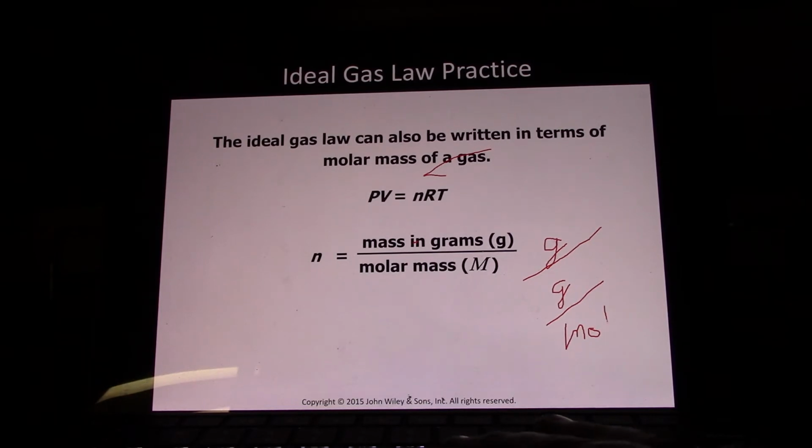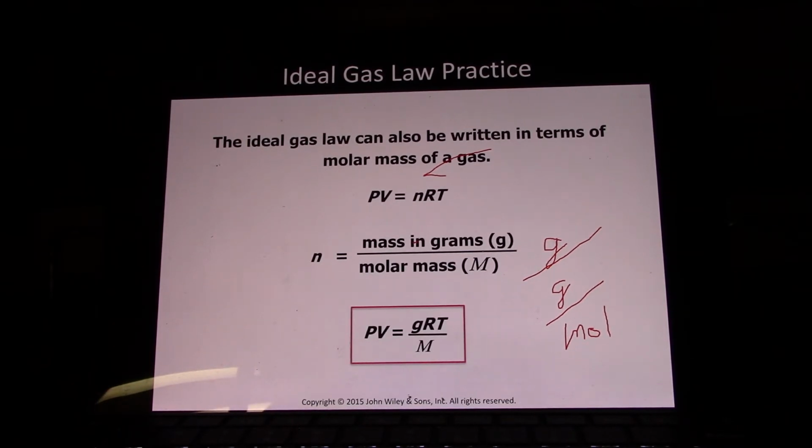And so we can say grams times moles divided by grams gives us moles. And so this lets us put in the mass of the gas in grams, divided by the molar mass of the gas to give us moles. So we can change PV equals nRT into PV equals the mass of the gas times RT divided by the molar mass of the gas, which is grams per mole.